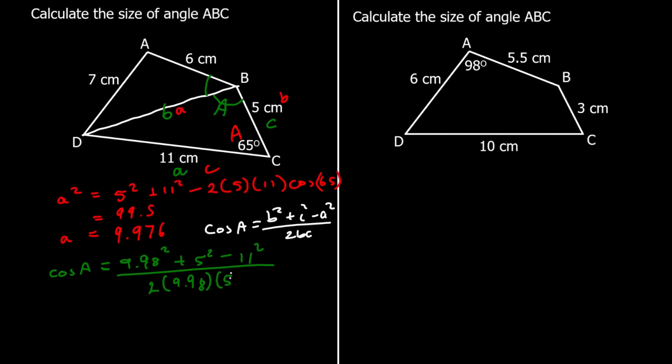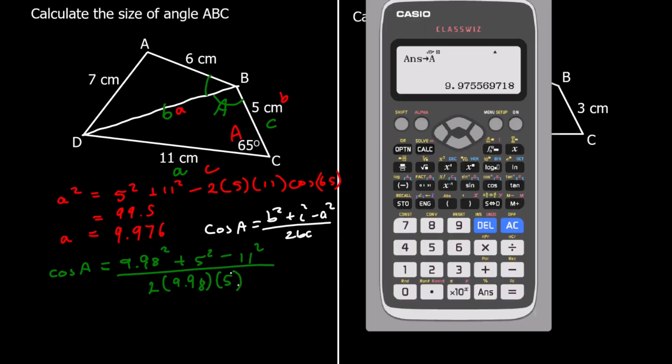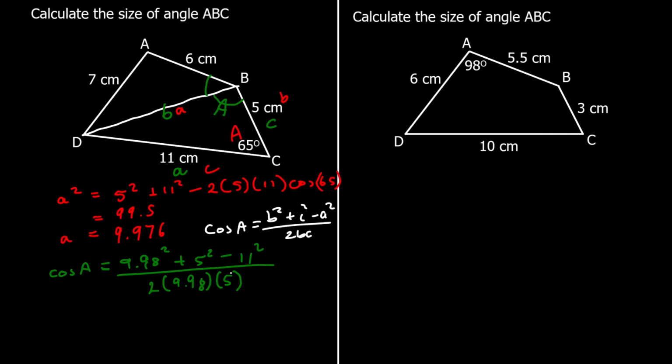times 5. And remember, I've got that 9.98 saved as A or last answer. So answer squared plus 5 squared minus 11 squared over 2 times answer times 5. 0.035, shift cos, 87.98 degrees.